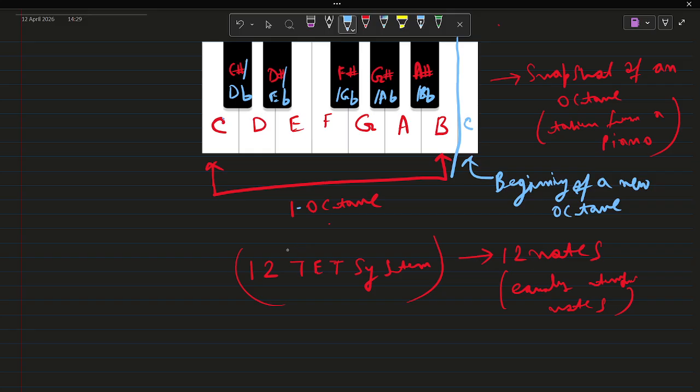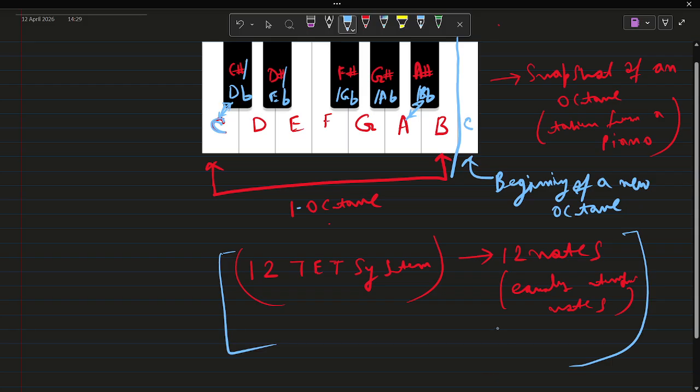Okay. So here, suppose we take the ratio of C sharp and C, and we take the ratio of B flat and A, we'll get the exact same ratio value in the 12 tone equal temperament system because all the notes are equally tempered.